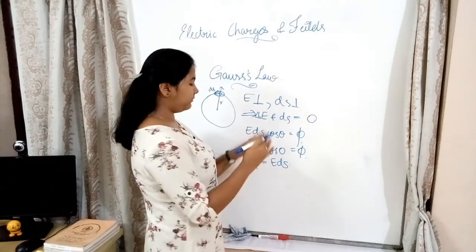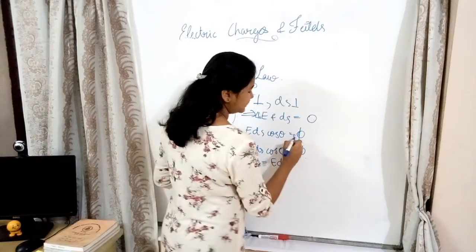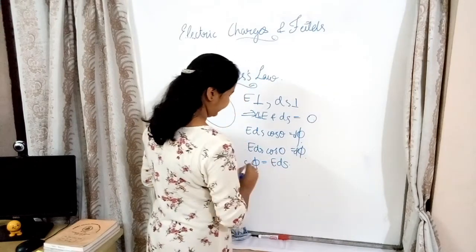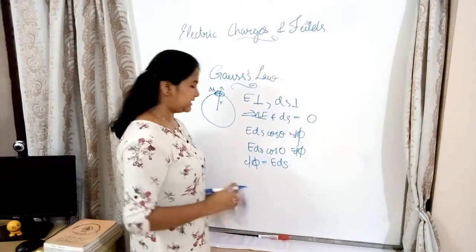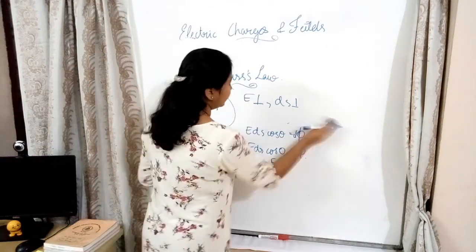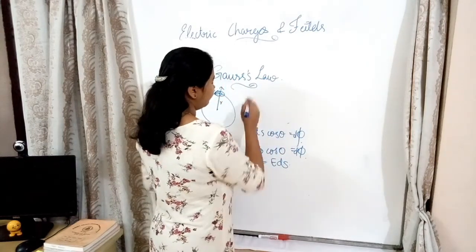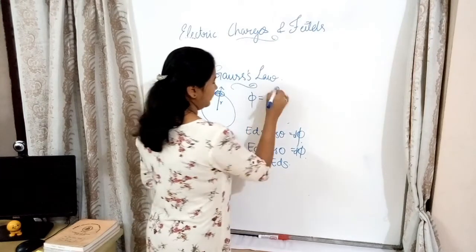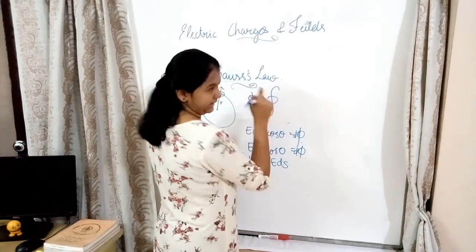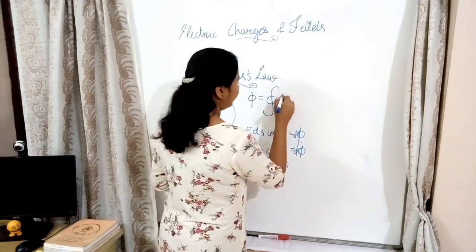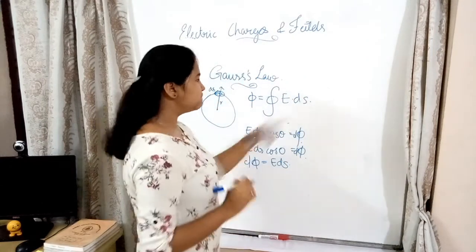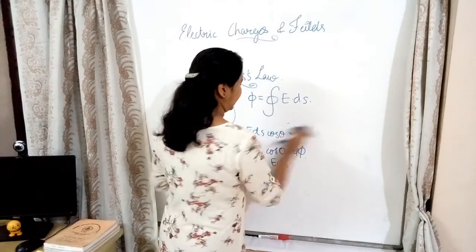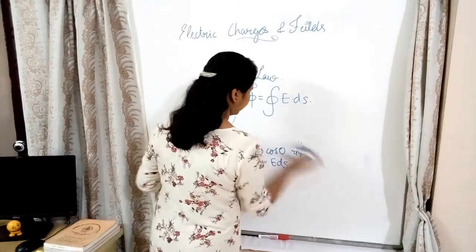No, we have not taken ds, this is d phi. D phi is a small electric flux. So let's find phi. For phi we learned the closed integral of E dot ds. We know the electric field is a constant, so we'll take it outside.